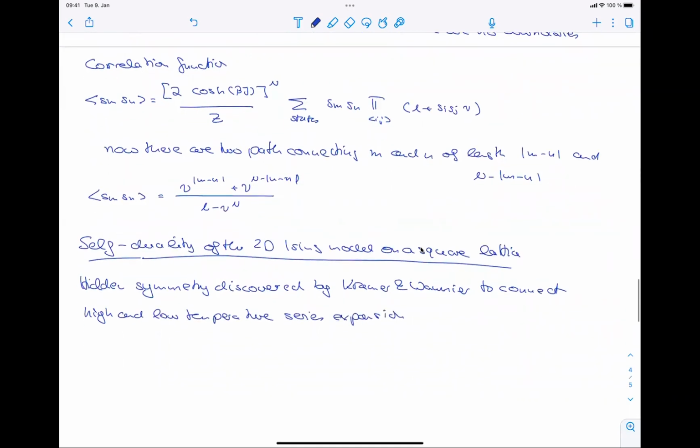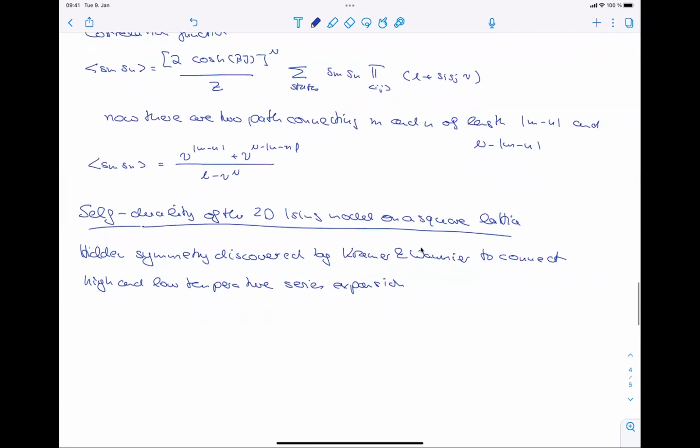And so to discover the symmetry, I'm going to write down again the expansions of the partition functions, one in the low and one in the high temperature series for the 2D Ising model on a square lattice.